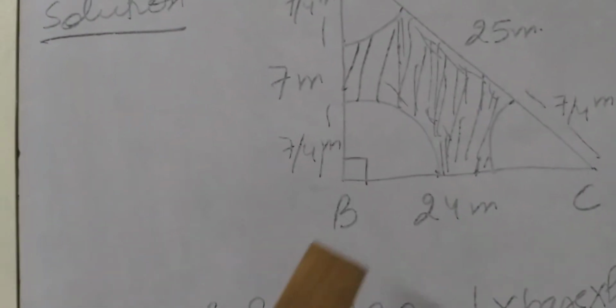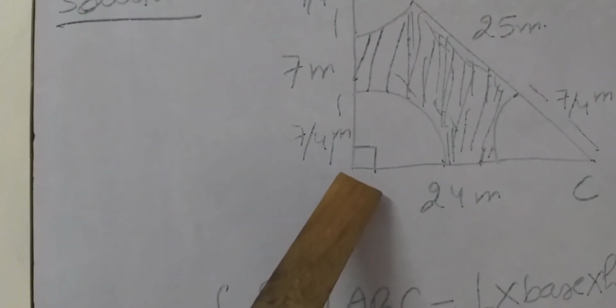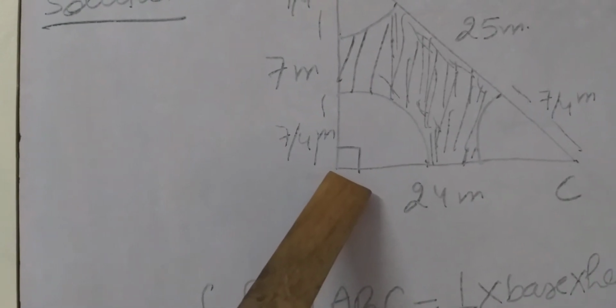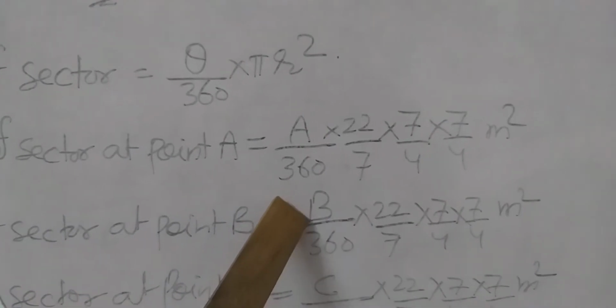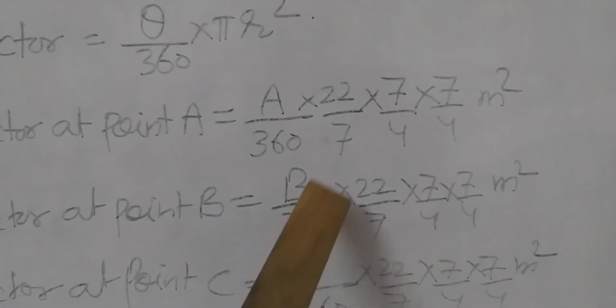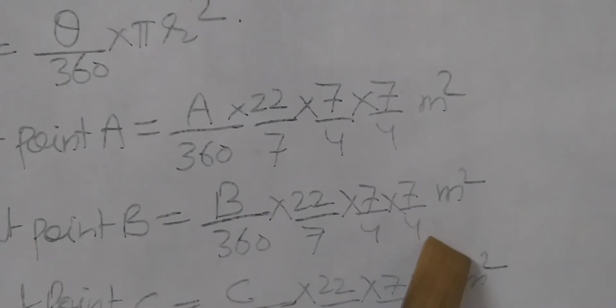Similarly student, at the point B, radius is 7/4. So let us write at the place of theta B upon 360 into 22/7 into 7/4 into 7/4 meter square.